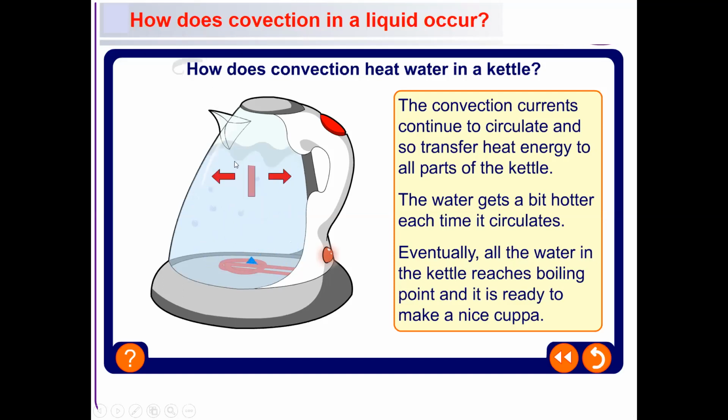On the top, where it's a bit colder, the particles are more dense and they fall to the bottom of the kettle. That is how convection takes place. So remember in exams: in conduction, the particles don't move, they just vibrate about a fixed position; in convection, the particles actually move.